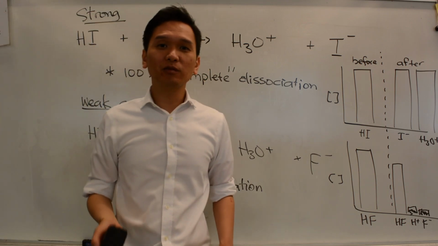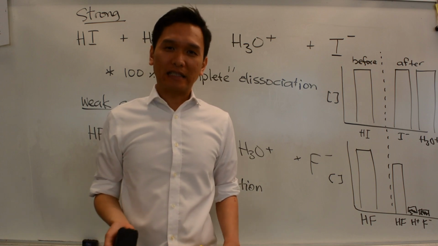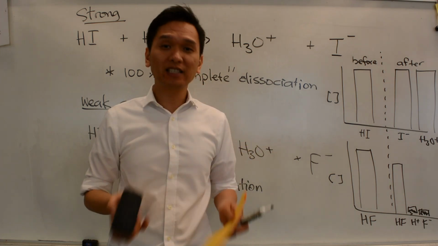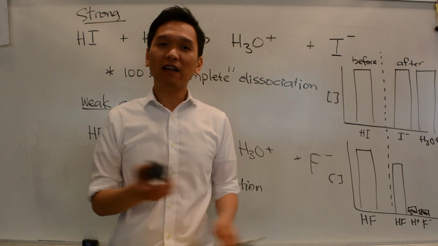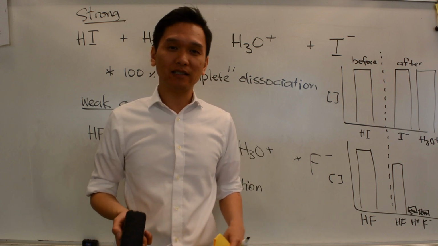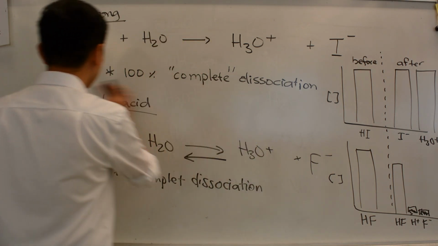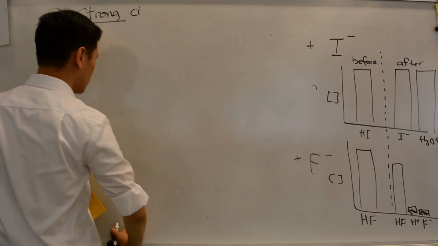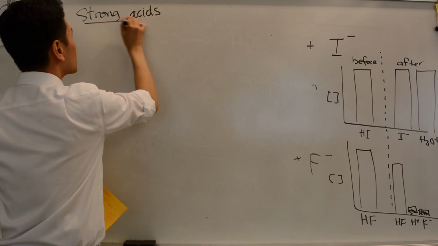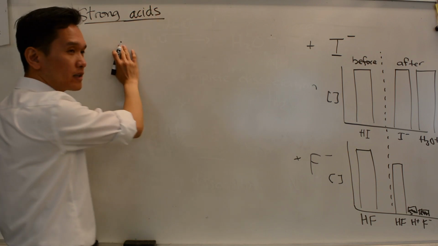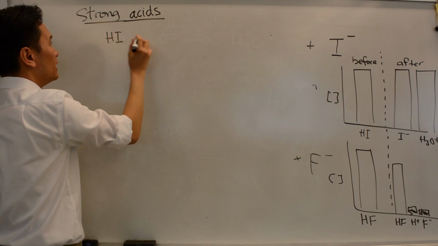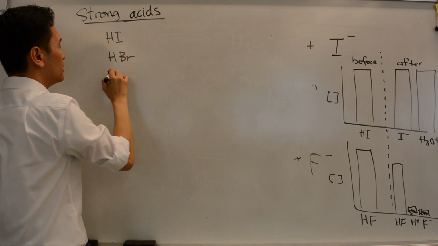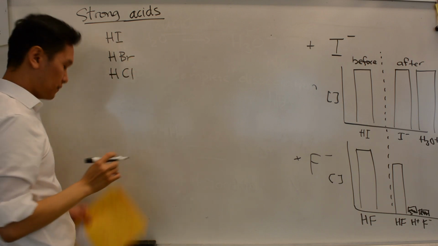So how do we know something is a weak acid or a strong acid? Well, there's a list. And on this list, there's only 6 acids you need to know that are strong acids. Every other acid is considered a weak acid. Okay, so what are these strong acids? So there's a couple of the halogen ones, HI, HBr, HCl.